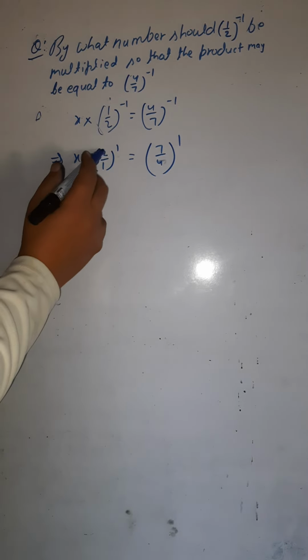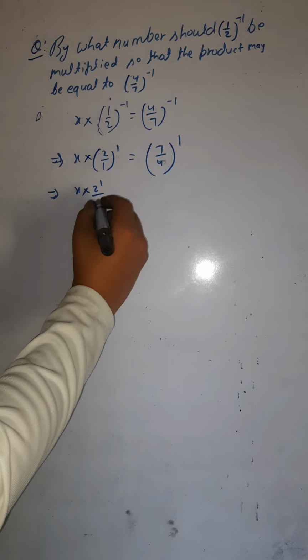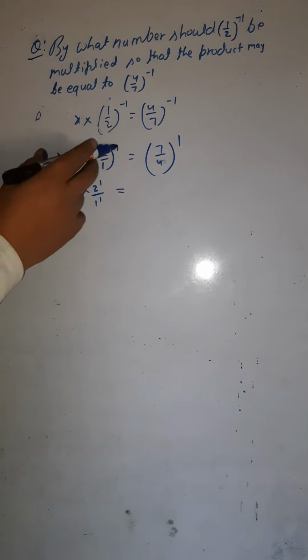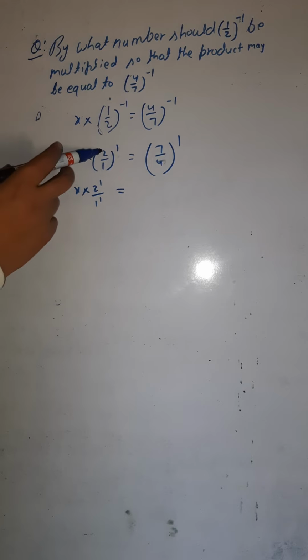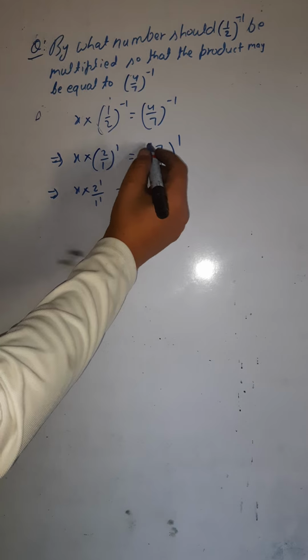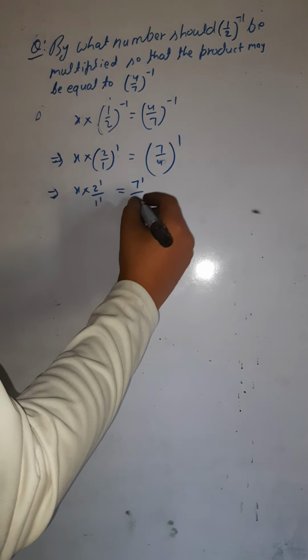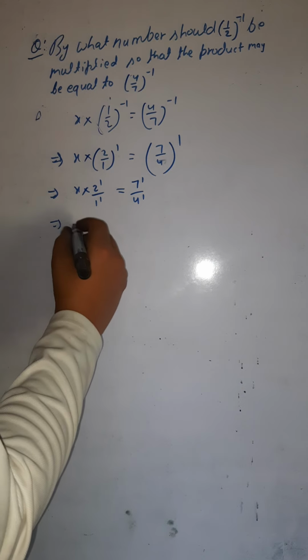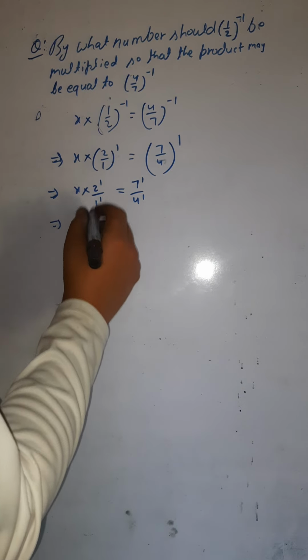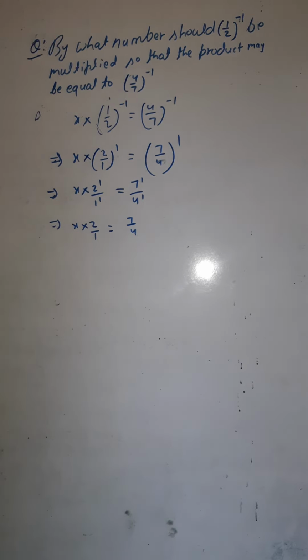X multiplied by 2 raised to the power 1 can be written as 2 raised to the power 1 divided by 1 raised to the power 1, because the whole power is 1. Similarly here, 7 by 4 whole raised to the power 1 implies 7 raised to the power 1 divided by 4 raised to the power 1. So it can be written as x multiplied by 2 by 1 is equal to 7 by 4.